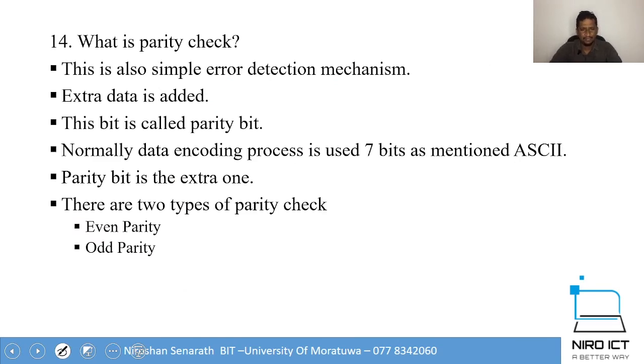The parity check means, I have taught you what is synchronization, right? There they are checking some parity. This is also a simple error detection mechanism, like when you are sending some message to your girlfriend or to your boyfriend, right? There they will respond to you, but your device must recognize that your friend watched or has seen it.